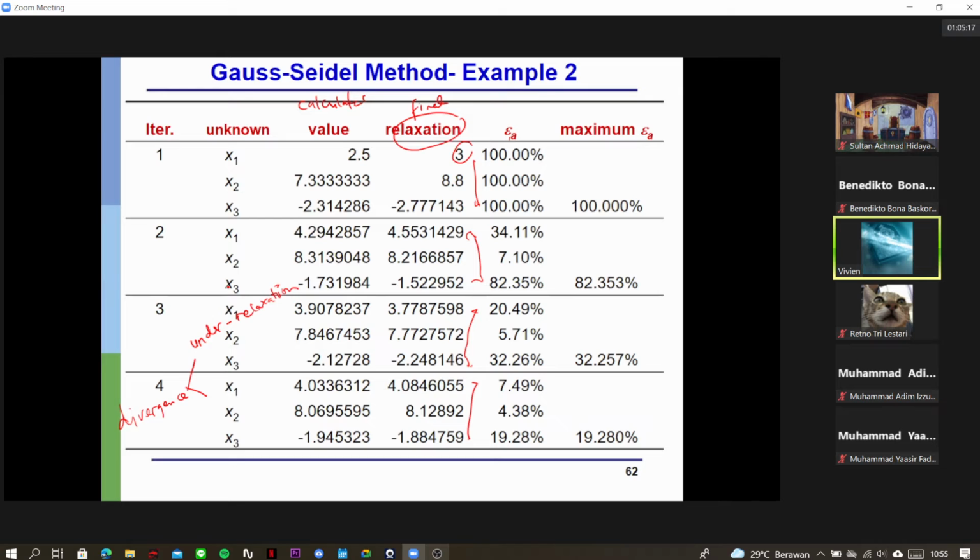The problem is with the set of equations. It will be divergent as well when we test it with Gauss-Seidel, but there is nothing we can do because the system itself has no solution.